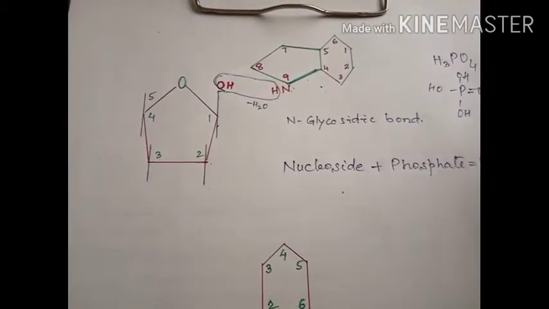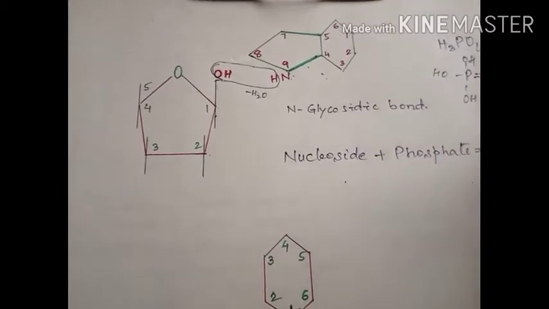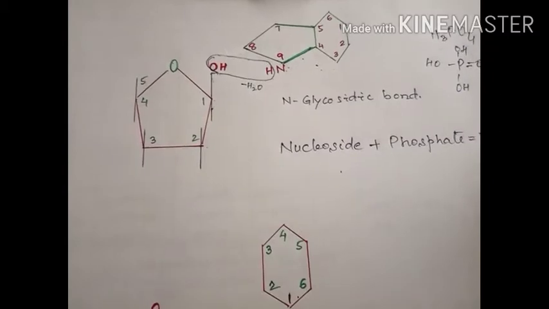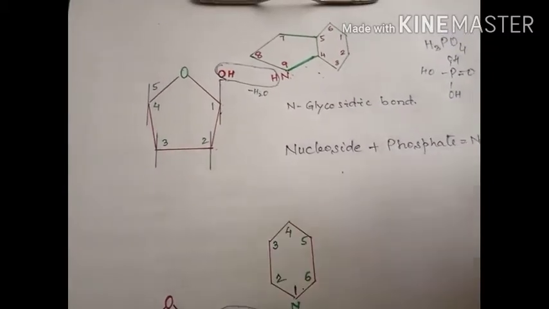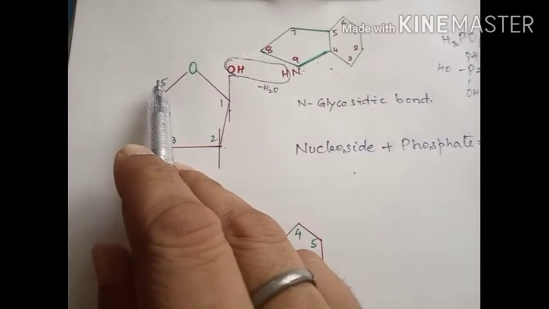So at position 5 prime, the phosphate group joins to the pentose sugar.